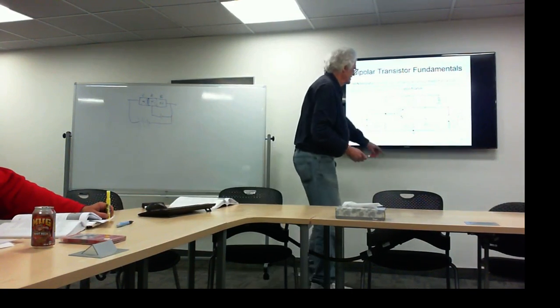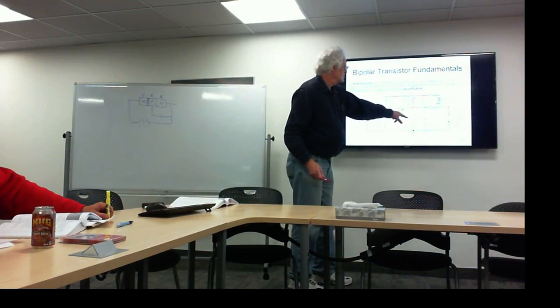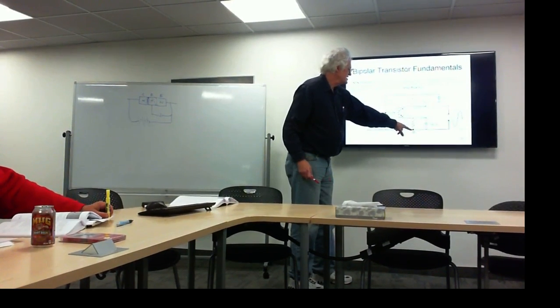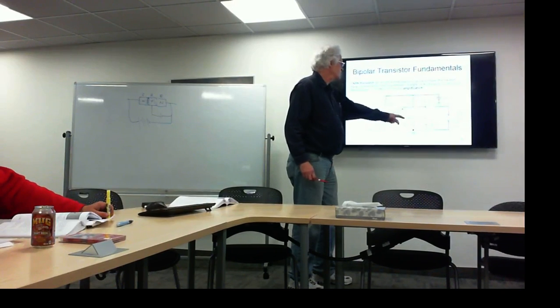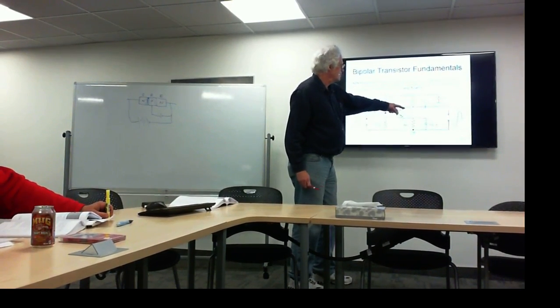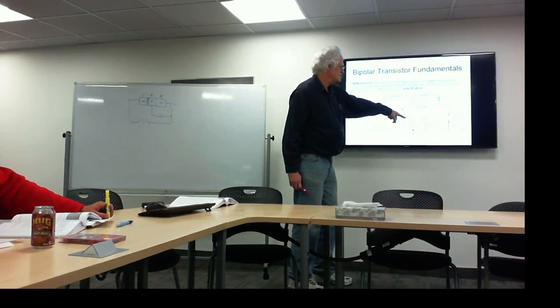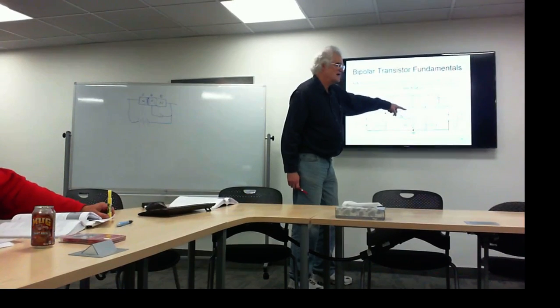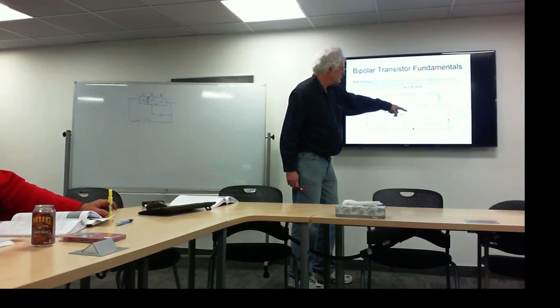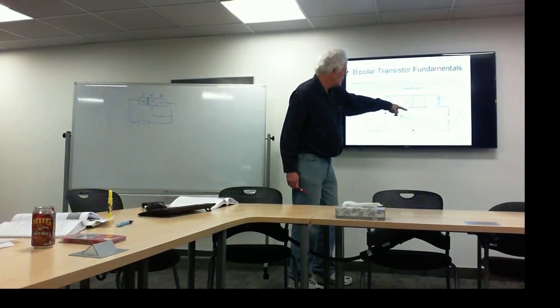In other words, this point is 1.9 volts with respect to here, so this point is more positive than that point. And likewise, this isn't pure negative. It's a positive voltage with respect to ground, but this is higher, so it's positive with respect to this point. It's more positive.